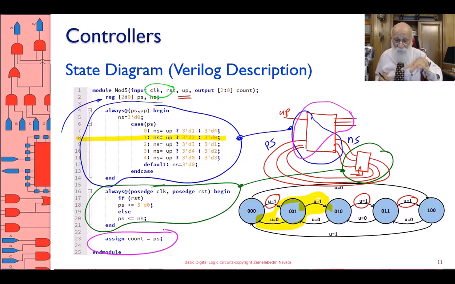Nevertheless, I describe this so that it follows the general description of state machines: an always statement for transitions, an always statement for clocking, and an always statement or an assign statement for assigning the outputs.